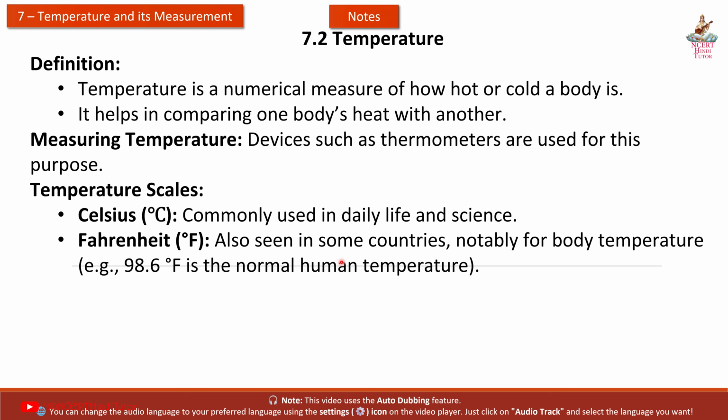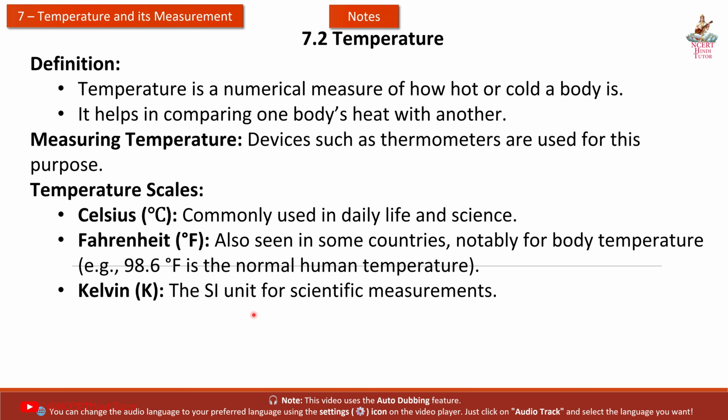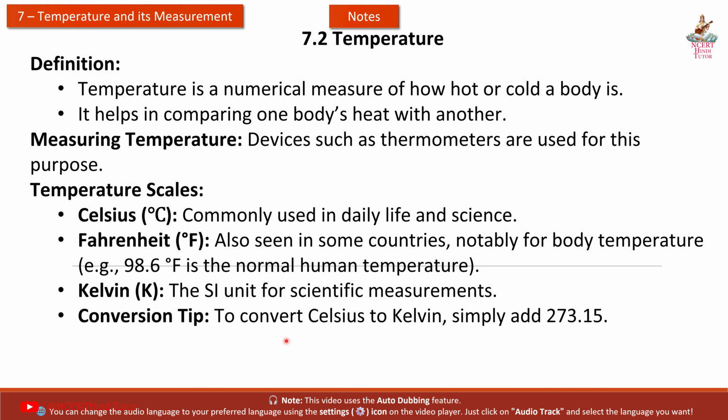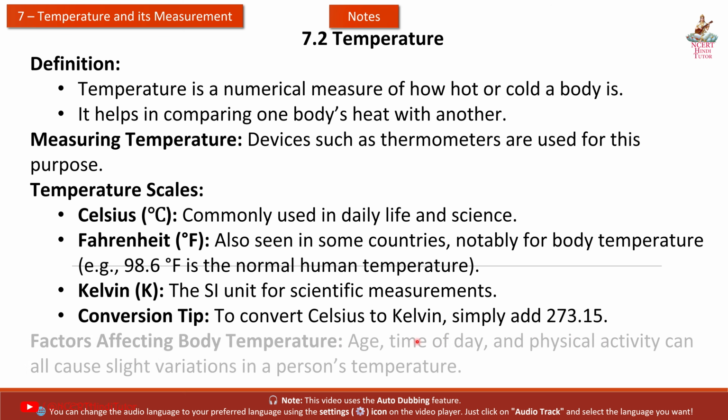Fahrenheit, also seen in some countries, notably for body temperature. Example: 98.6 degree Fahrenheit is the normal human temperature. Kelvin, K, the SI unit for scientific measurements. Conversion tip: to convert Celsius to Kelvin, simply add 273.15.